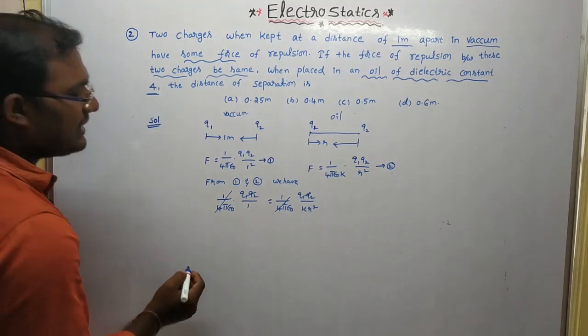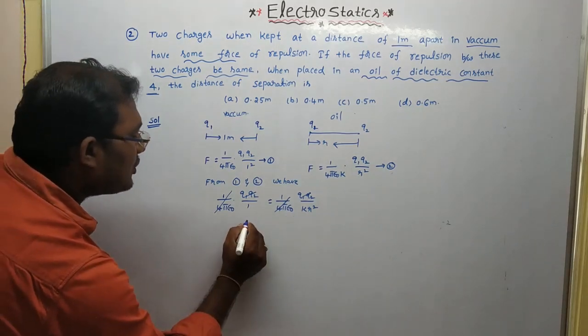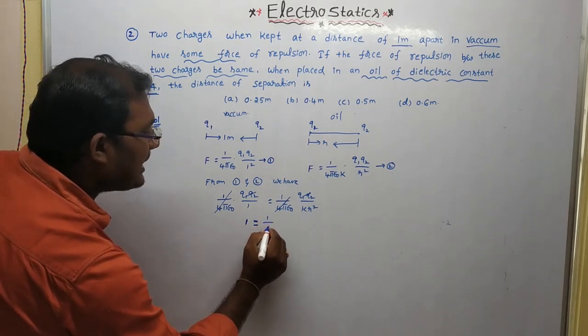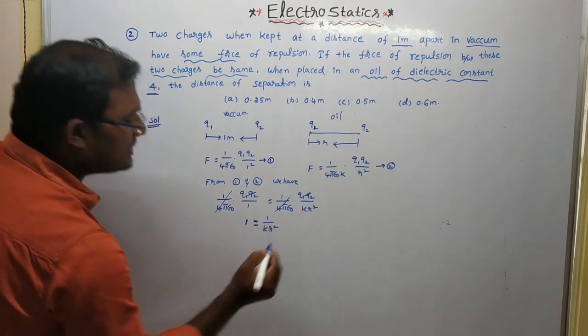The remaining is 1 equal to 1 by k r square.